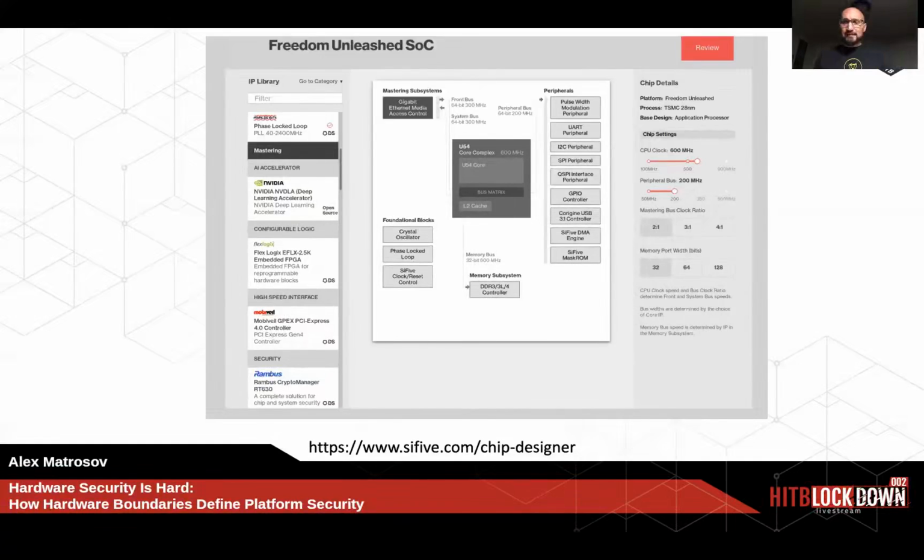But this simplicity creates a huge problem for threat modeling and security, because you take a third-party component without any understanding of how secure it is or whether it fits your security requirements.